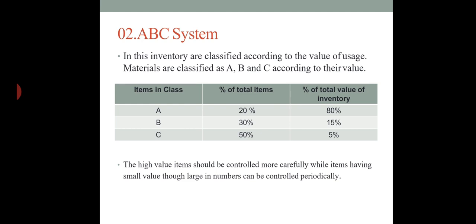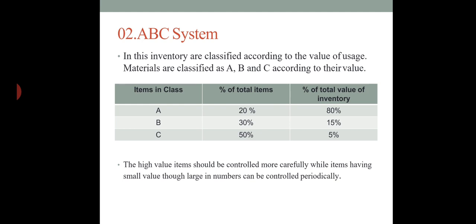Similarly, the C category items are 50%, half of the total inventory in units, but the cost or value of the C category items is just 5%.